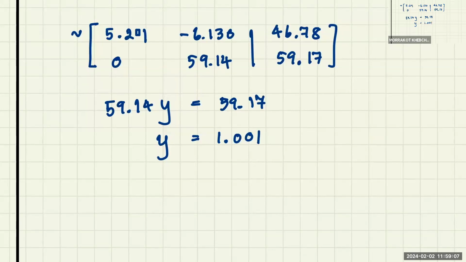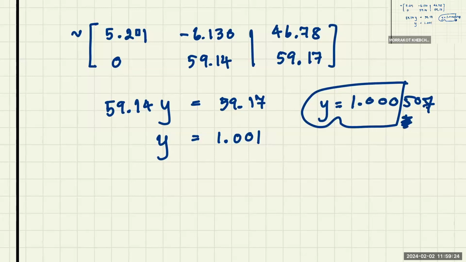Okay. 59.17 divided by 59.14. You get the real one if you use so many digits, 0.0005 07. So if I want to use 3 digits, this is 5, so I have 1.001, okay?